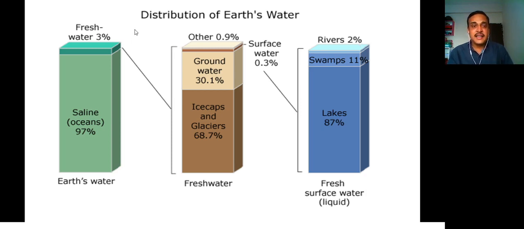So this chart talks about the distribution of Earth's water and how this fresh water is again distributed in its various forms.